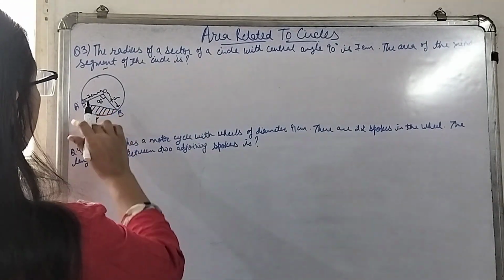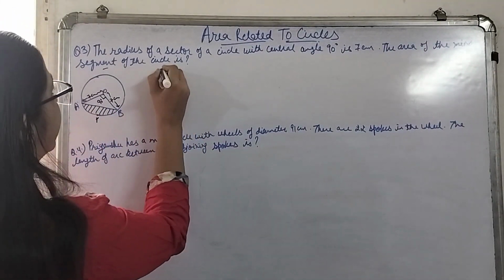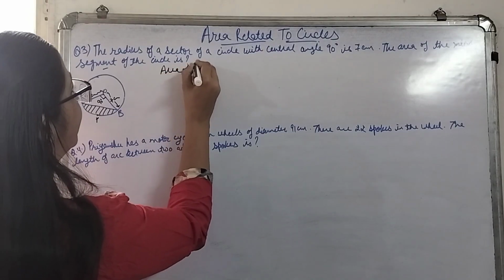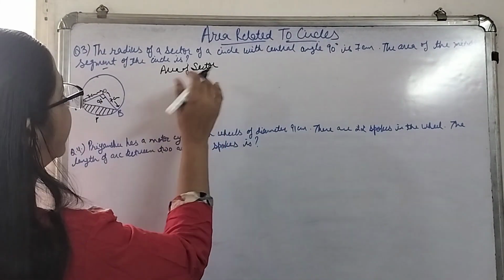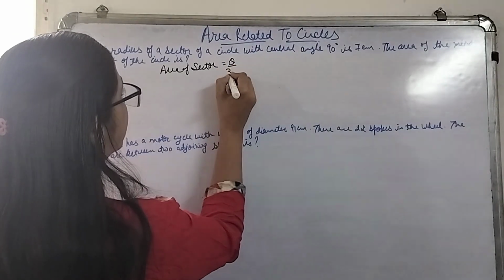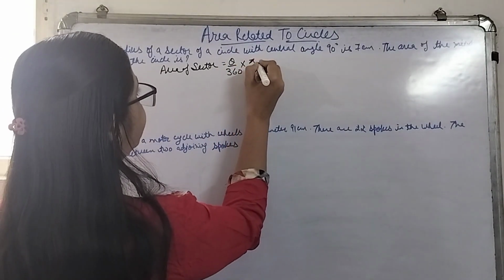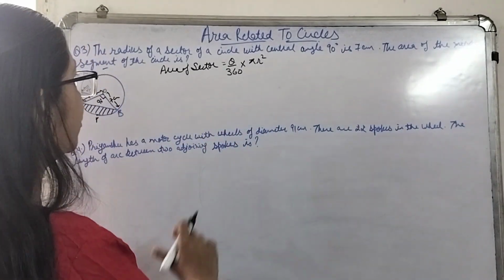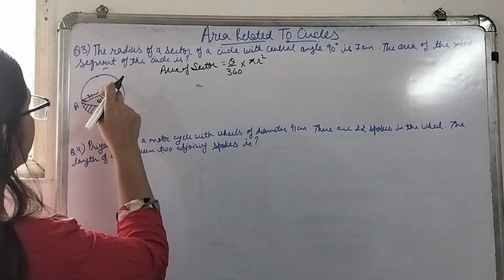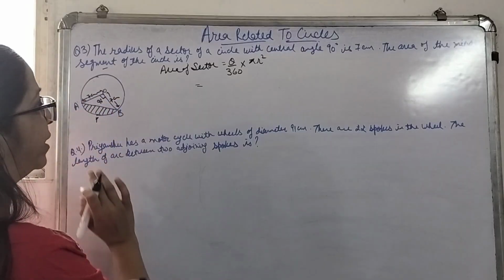So how can we find it out? We know that the area of the sector, whenever we write sector it simply means minor sector only, is given by theta over 360 multiplied by pi r square. So first of all, we'll find the area of the sector, that is OAPB.